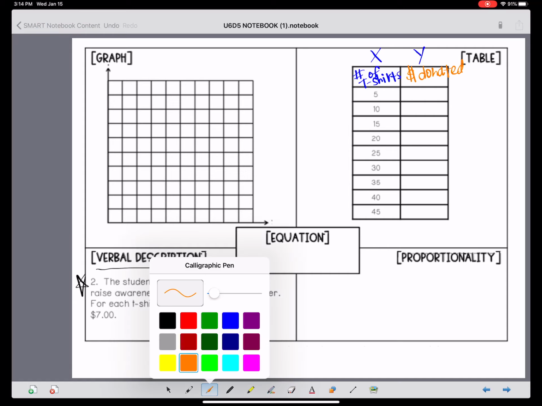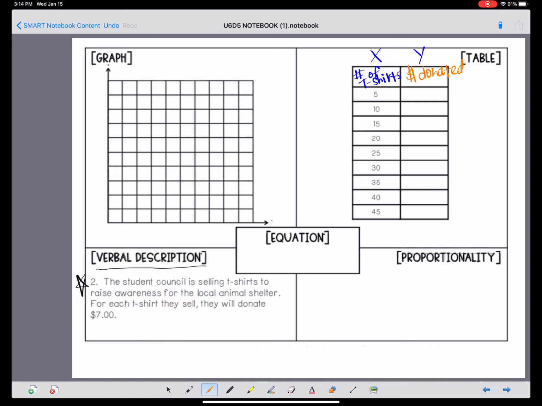If each shirt is $7 and they sell 5 shirts, I'm just going to multiply that number by 7 to get my answer for my Y value, which is 35. What this means is I'm going to do that along the entire table. I'm just going to multiply my X value by the constant, which is 7, to get my Y value.